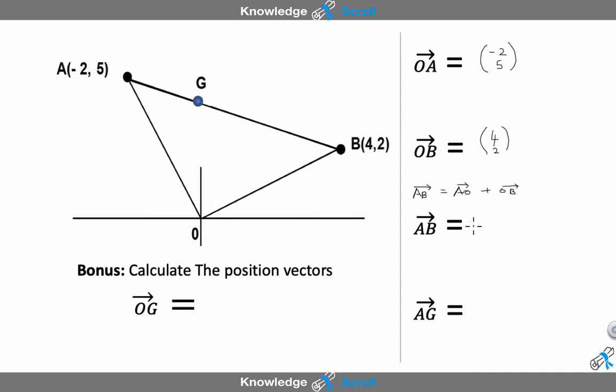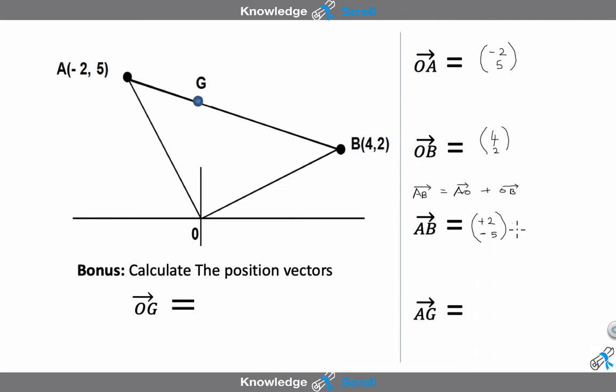Alright, so to represent this now as a question, you must remember that AO should be the reverse of OA. So what we do, we change the signs of OA. So instead of putting -2, I will put +2, and instead of having a +5, I would have a -5 because we're going in the opposite direction.